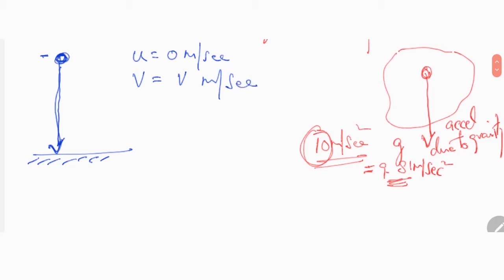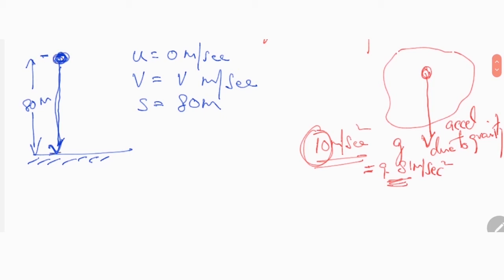And let us assume this distance from here to our landing point to be 80 meters, okay? So distance s is equal to 80 meters.